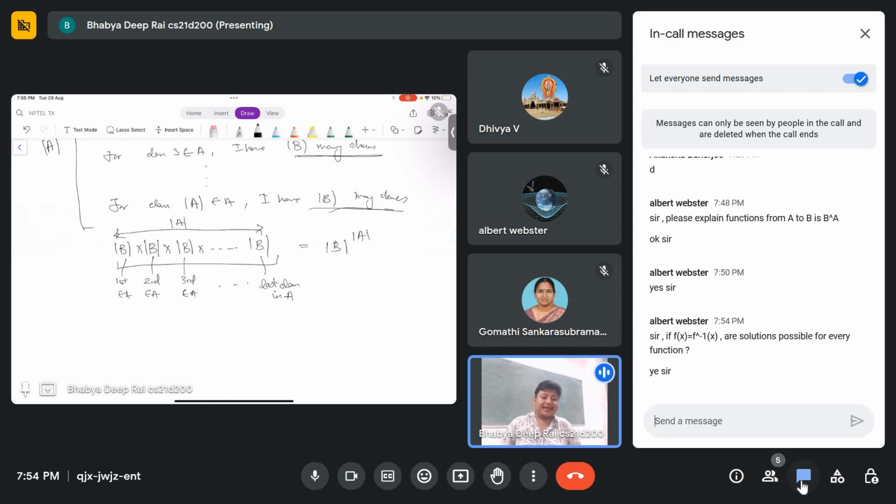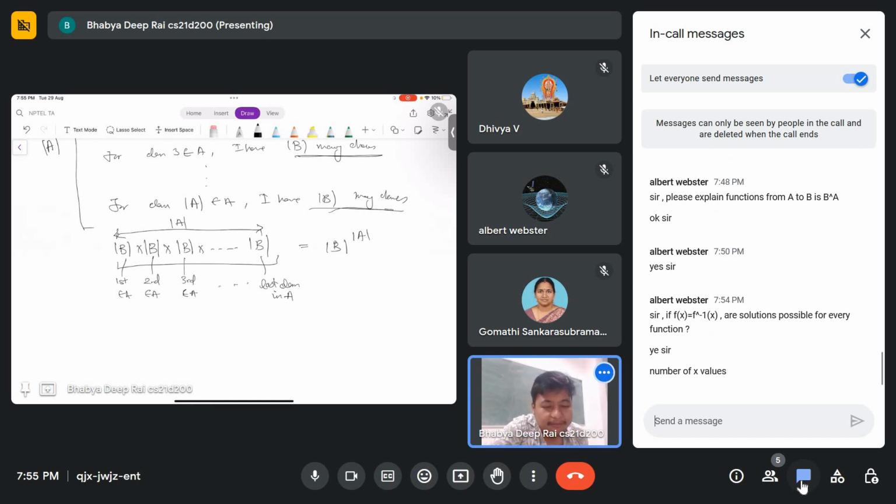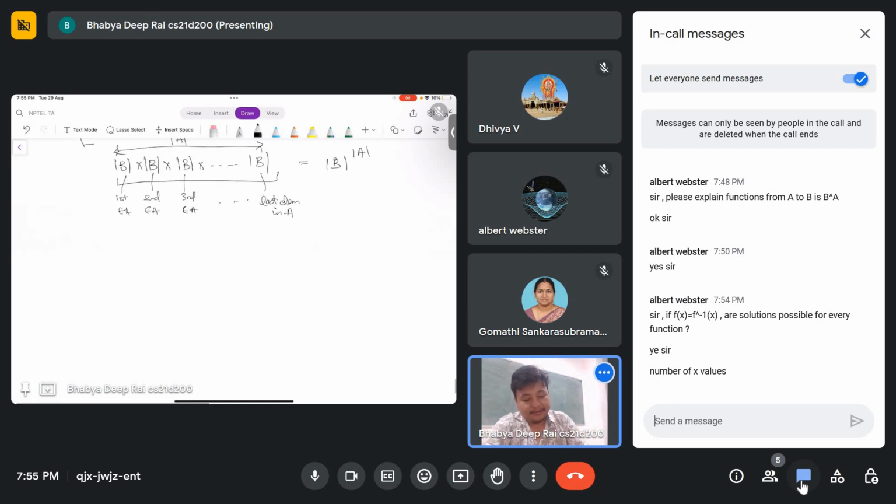From an algebra viewpoint, solution would mean all the values of x for which f(x) equals f inverse of x. Do you mean that the entire domain gets covered? Do you mean the number of x values?